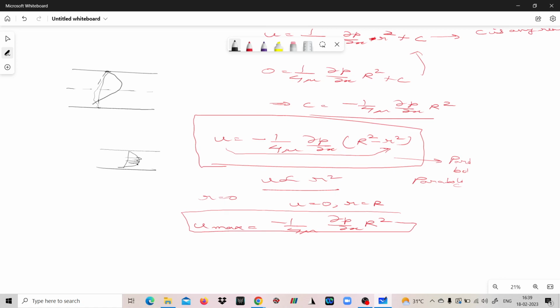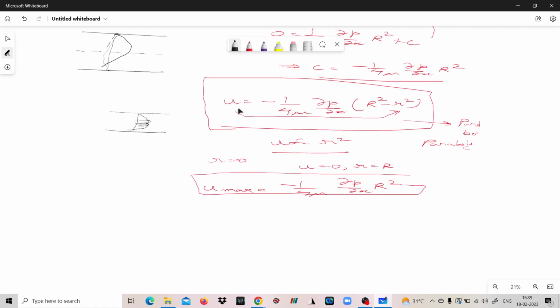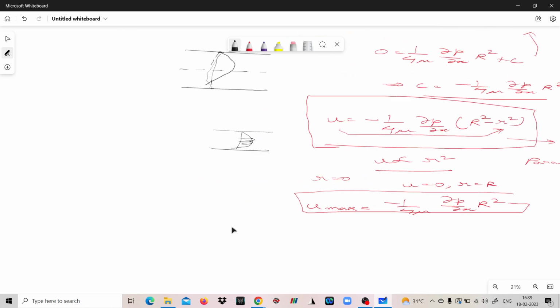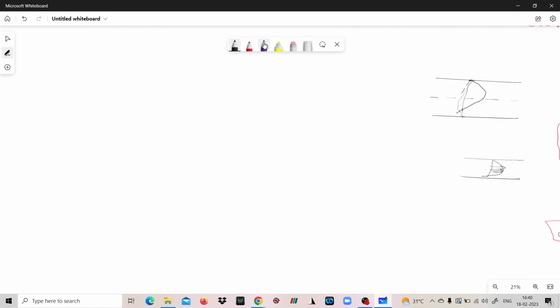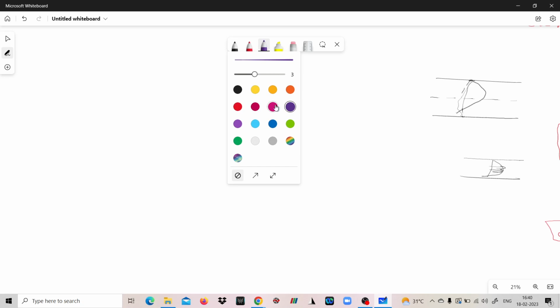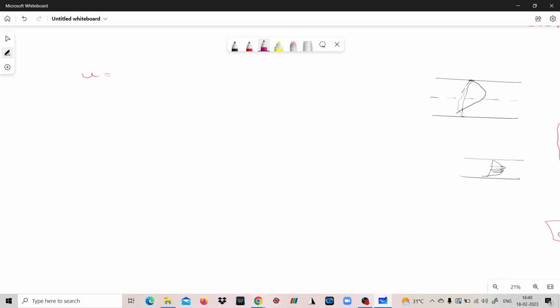Next is what is the relationship between u and u max? See, u is equal to this, u max equal to this. Okay, so what you can do is, let us clear the space. U is equal to minus 1 by 4 mu del P by del X (R square minus r square).